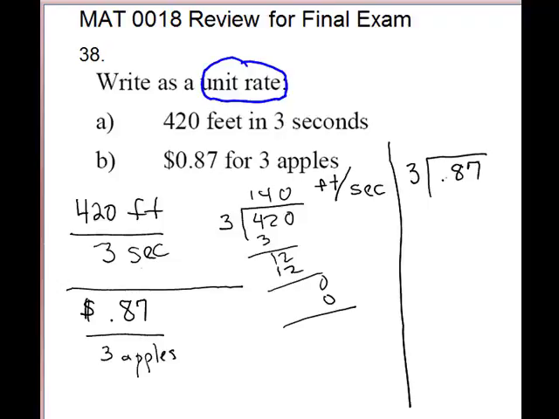No decimal in the divisor, your decimal goes straight up. 3 into 8 will go 2 times. 2 times 3 is 6. Subtract, bring down. 3 into 27 will go 9. 9 threes are 27. So this is 29 cents per apple.